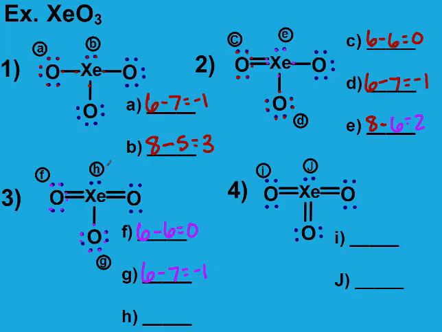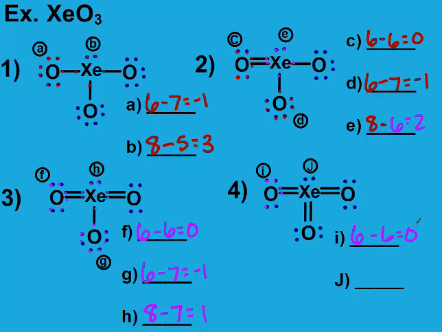And then H, xenon, came in with 8. And then that's 1, 2, 3, 4, 5, 6, 7. So that's a positive 1. Then the last structure, for oxygen, it came in with 6. It currently has 1, 2, 3, 4, 5, 6.